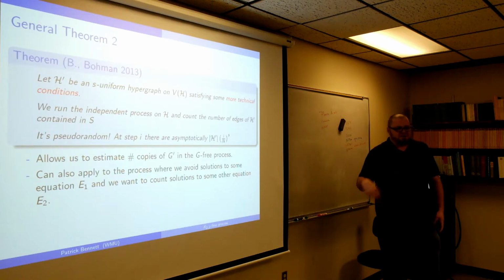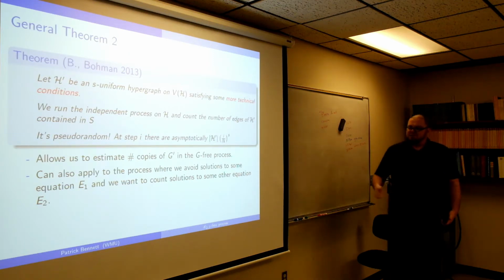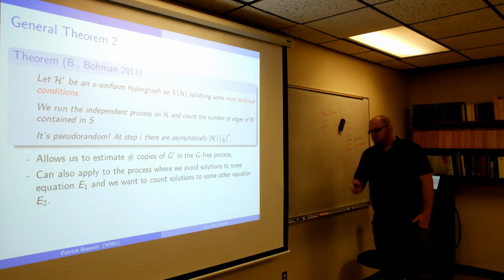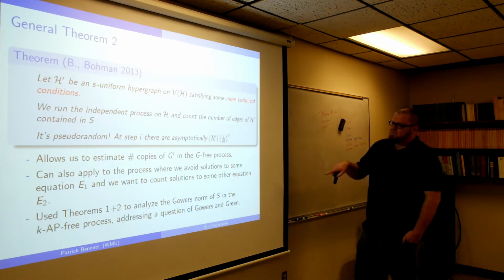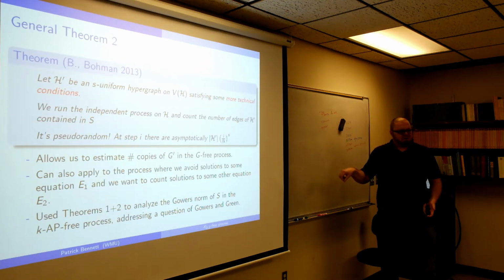Say there are two equations, E1 and E2, and we're avoiding solutions to E1, and then we're asking the question, how many solutions to E2 are there in our set? And that should be pseudo-random. And we used these theorems to analyze the Gowers norm in the process that avoids k-term arithmetic progressions.